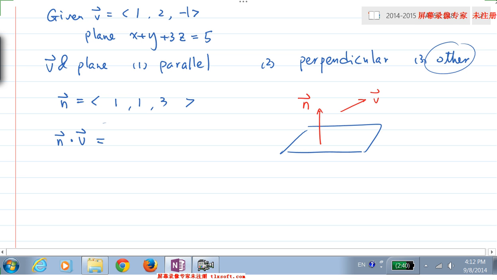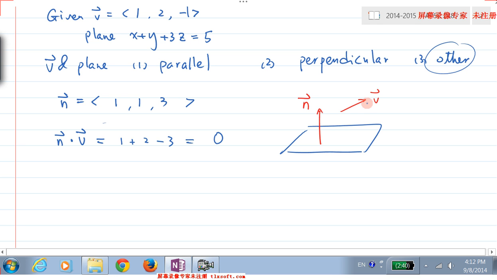So you have a v, you have n here. If you do the calculation, this times this plus this times this plus this times this, it happens to be 0, right? When the dot product is 0, that means the two vectors are perpendicular.